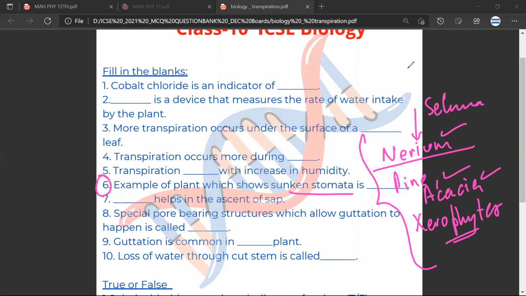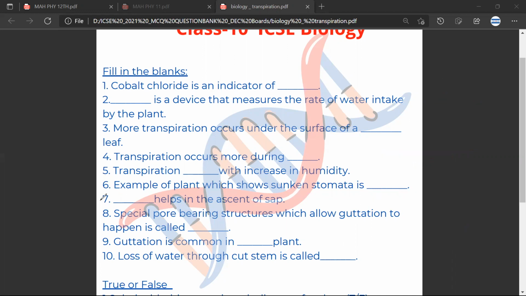Yeah. Okay. So now the next question: dash helps in the ascent of sap. Now this question is actually part of the section where significance of transpiration is discussed.